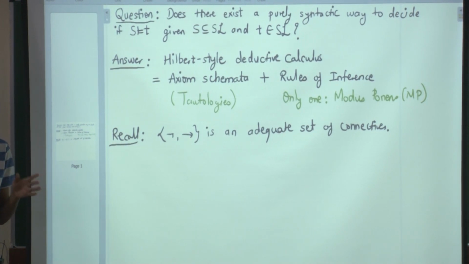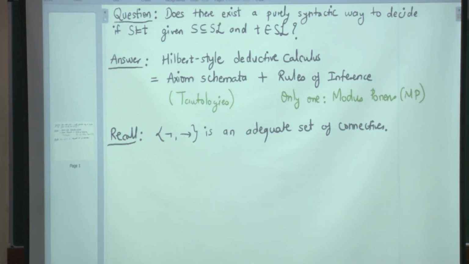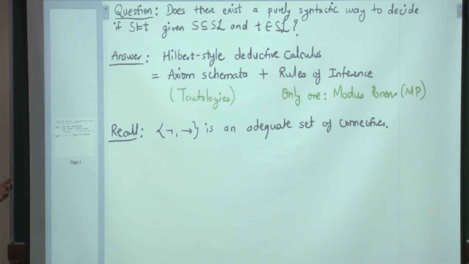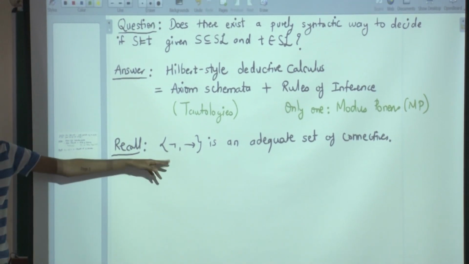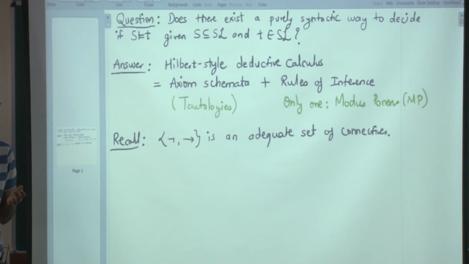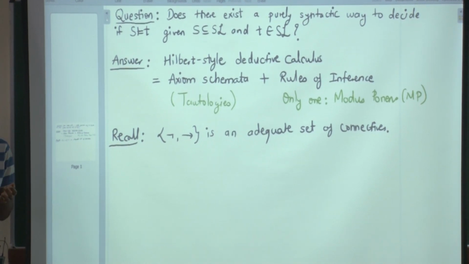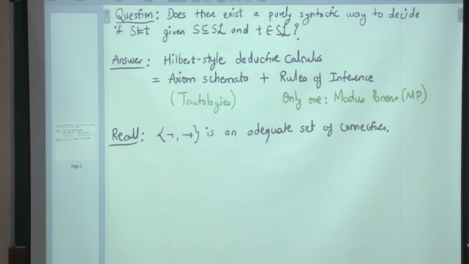Because we already know that conjunction and negation together are adequate. So how do you express conjunction using implication and negation? Negation of P implies negation Q is same as, using De Morgan, it will be same as P conjunction Q. Okay, so any questions about this? This is the way we are going to do it.